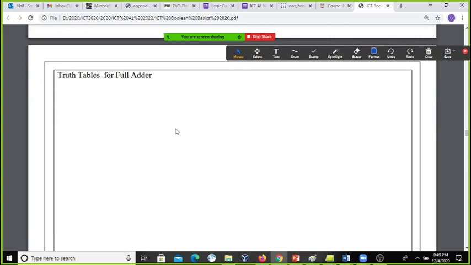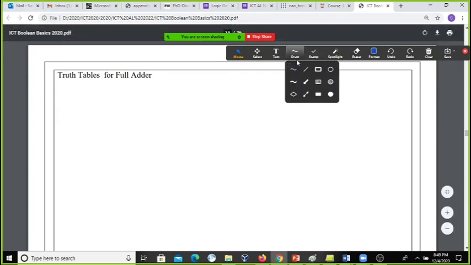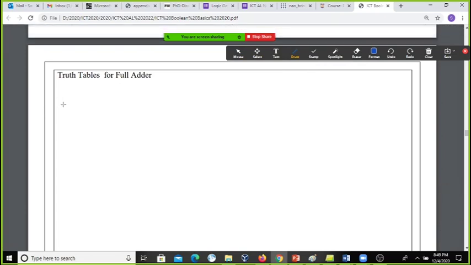Now in the full adder, we have the 3 inputs. So then the truth table will be, we get the 3 inputs A, B, we write C in, but we just write C here.